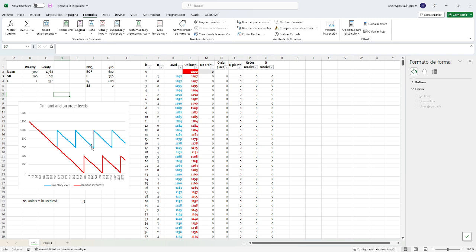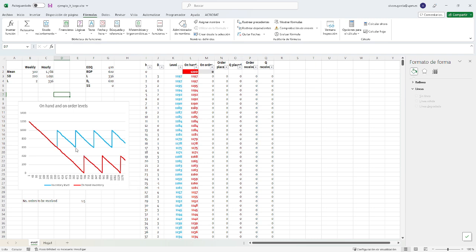I'm just using these numbers for this chart to be more clear. So I have an order which is exactly 400, so my inventory level rises from 600 to 1000, and the demand keeps decreasing, until I get again to 600. At this point, I need to make sure that I set this 600 because I need to make up for the demand from this point to this point here.